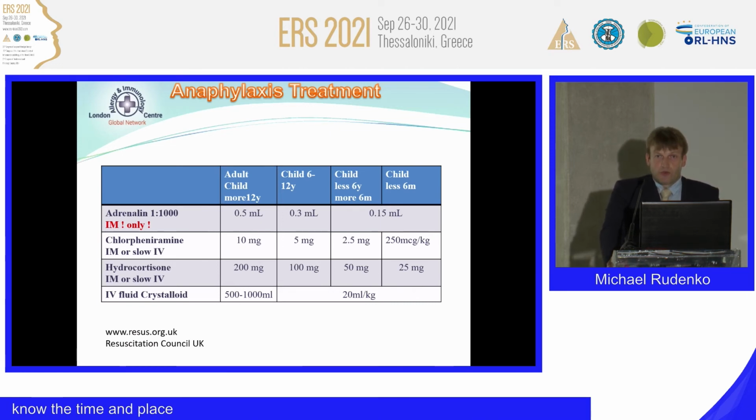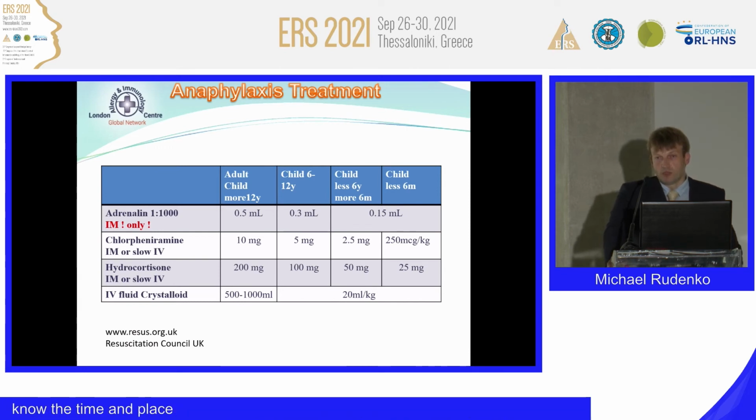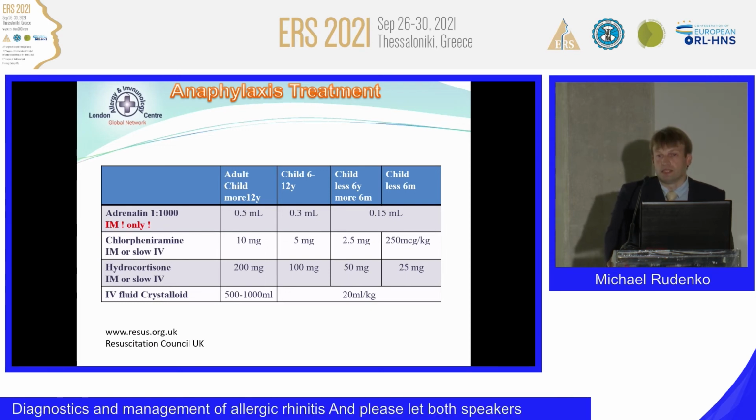Hydrocortisone is used to prevent biphasic reaction, so it has very limited effect for the management of the current episode, but it can prevent the biphasic reaction, and obviously you need fluids.